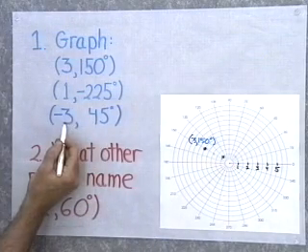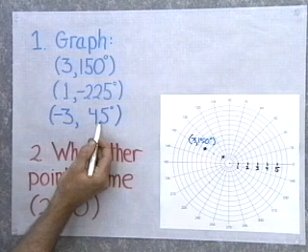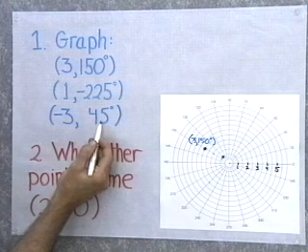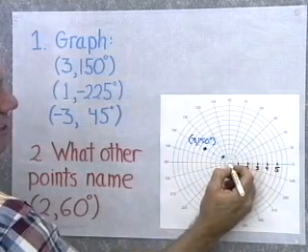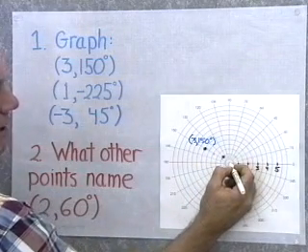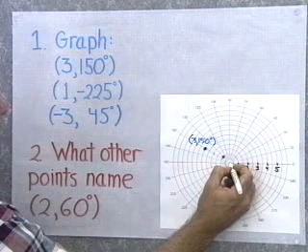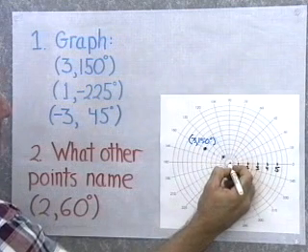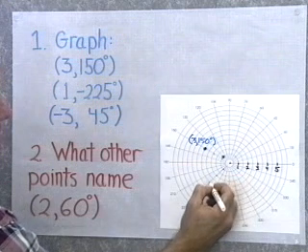Next, I want to go negative 3 units out on the ray that's 45 degrees from the positive x-axis, or the terminal side of the angle in standard position, 45 degrees. So here is 45 degrees right here, and I want to go negative 3 units out on that ray. So here's 45 degrees, and negative 3 units will be 1, 2, 3.